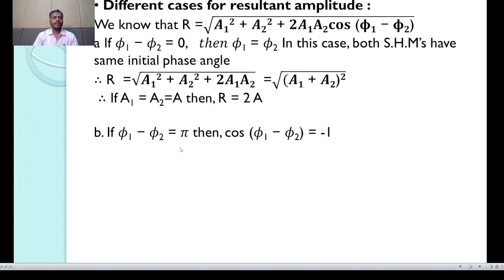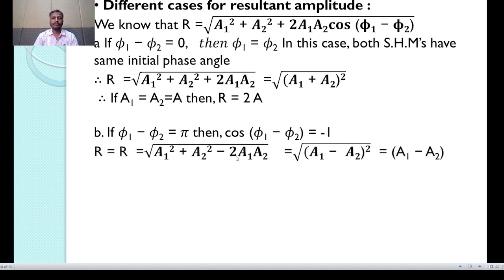When phi 1 minus phi 2 is equal to pi, cos pi is minus 1, and the resultant amplitude becomes the square root of a1 minus a2 bracket square; the square root and square get cancelled with each other. We can write here a1 minus a2.